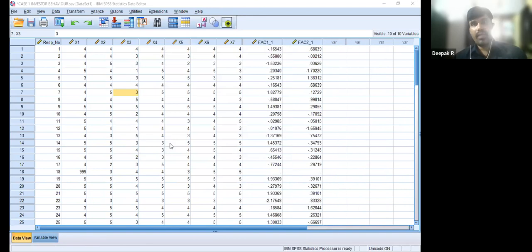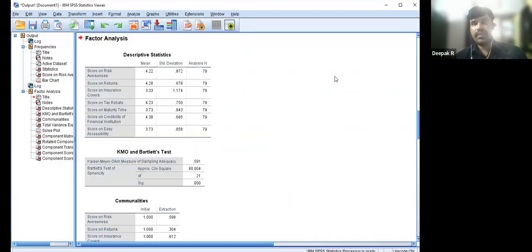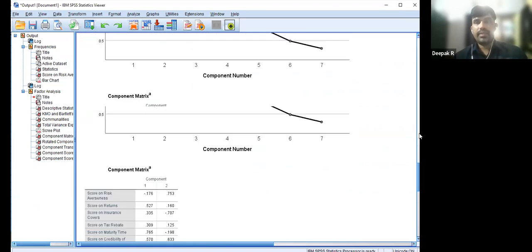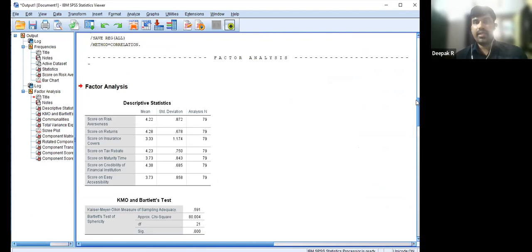Now what is very important is, when I look at the output, we have several tables. All we are trying to do is this: when I started my research, I had plenty of variables. From the research, I also know that there are some underlying constructs that I would like to recognize.